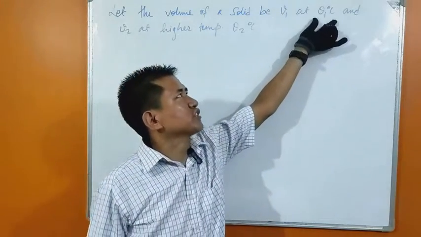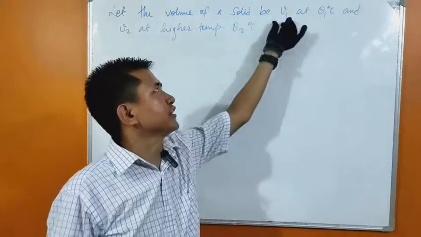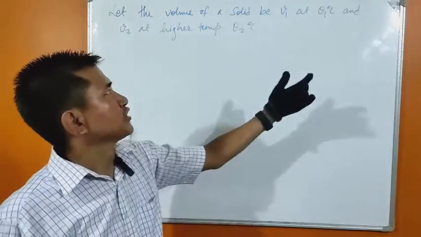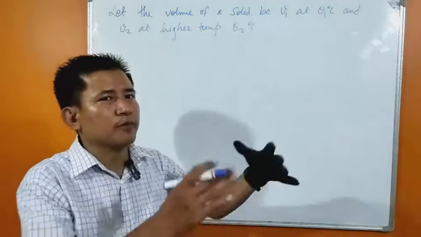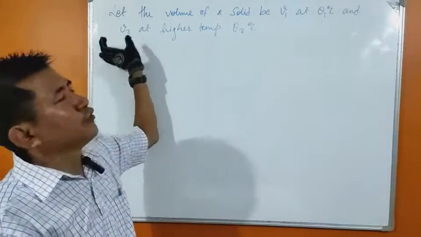When the temperature was theta 1 degree Celsius, the volume of the solid is V1, and when the temperature is increased to theta 2 degree Celsius, the volume of the solid expands and the new volume is V2.